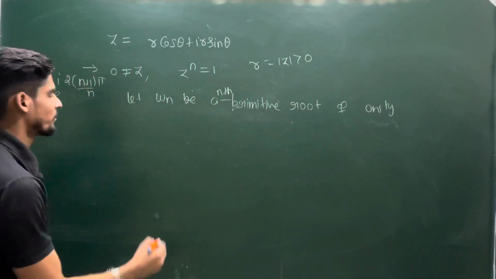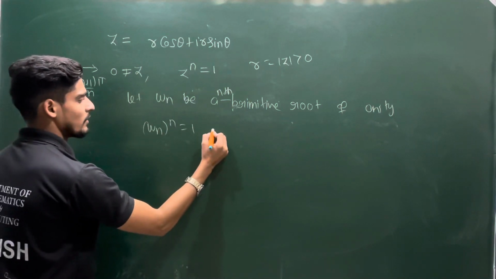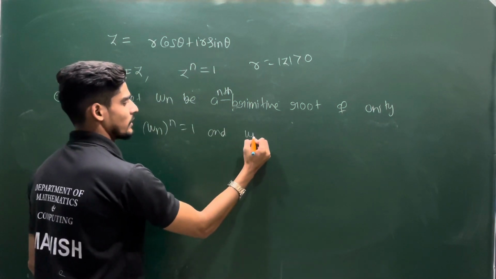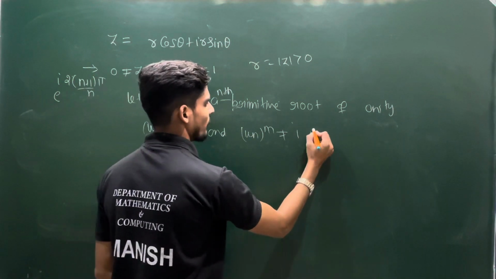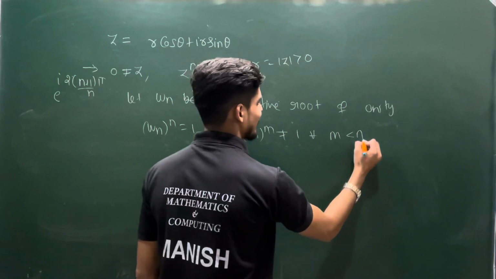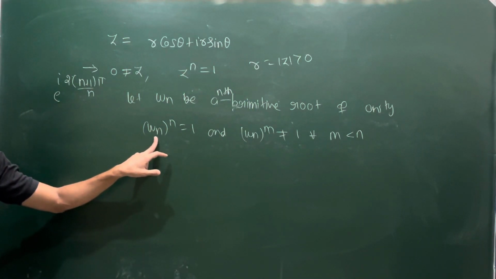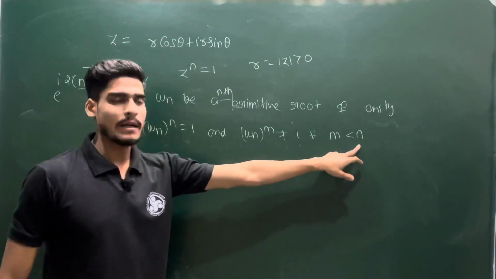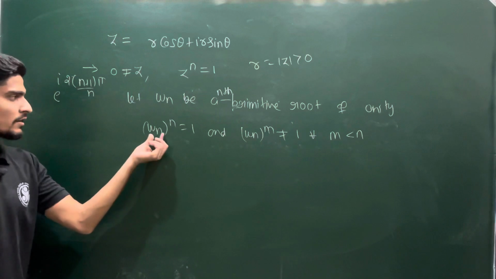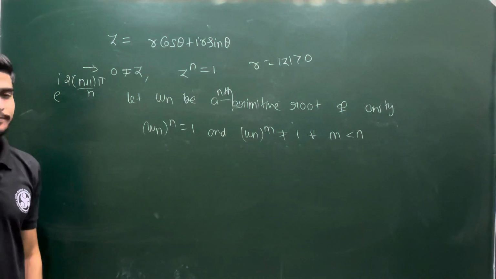That means omega n power n is equal to 1 and omega n power m is not equal to 1 for all m less than n. That is, this is an element of order n. If you are operating n times, you are getting 1. If you are operating less than n times, you are not getting 1. So such an element is called the nth primitive root of unity.